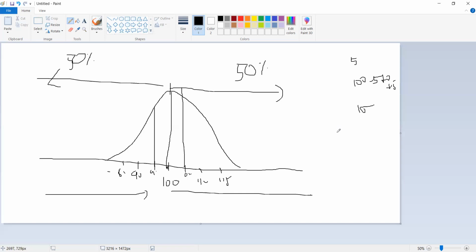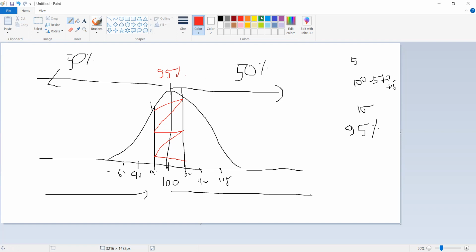And 1 sigma represents 95% of the data. So if this is your 100, this is 95, and this is your 105, that means this data is 95%.